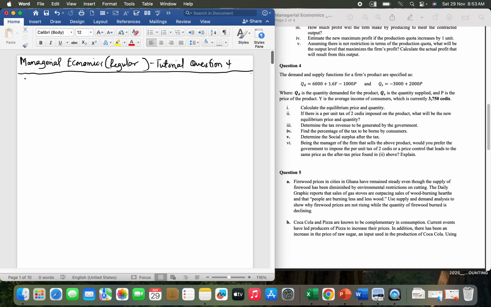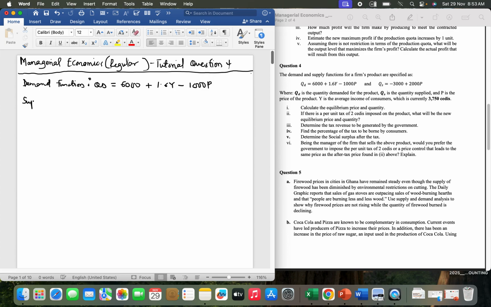So for the question, we're given a demand function QD to be 6,000 plus 1.6Y minus 1000 P. This was our demand function.